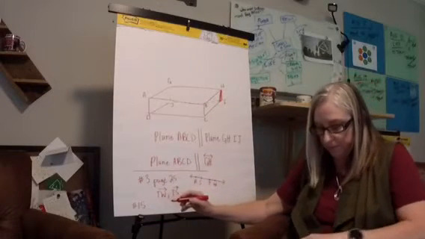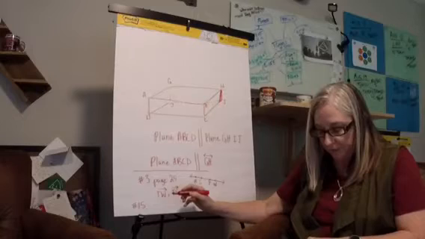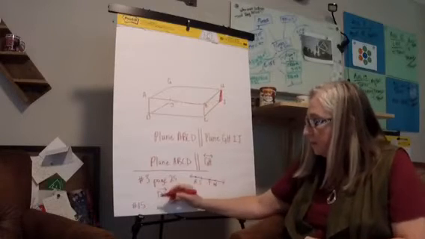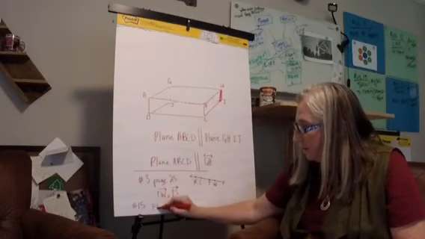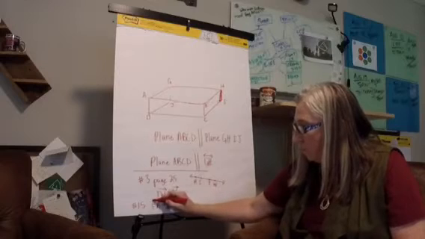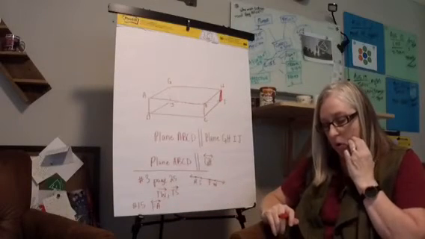Okay, so for that one, the plane FAB intersects with the plane FAE. It should be in the line FA or AF. The order doesn't matter.